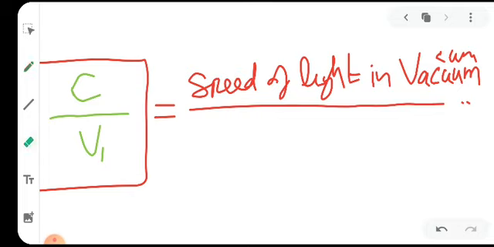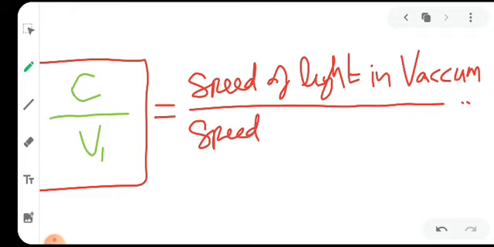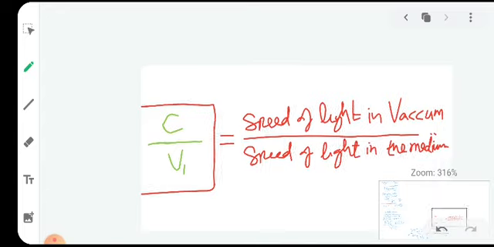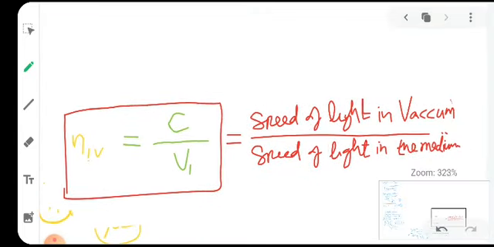Let me just correct it. It's always a confusing topic. Speed of light in vacuum divided by speed of light in the medium. So whichever medium you want to quantify the refractive index of, you do this ratio, that's all.